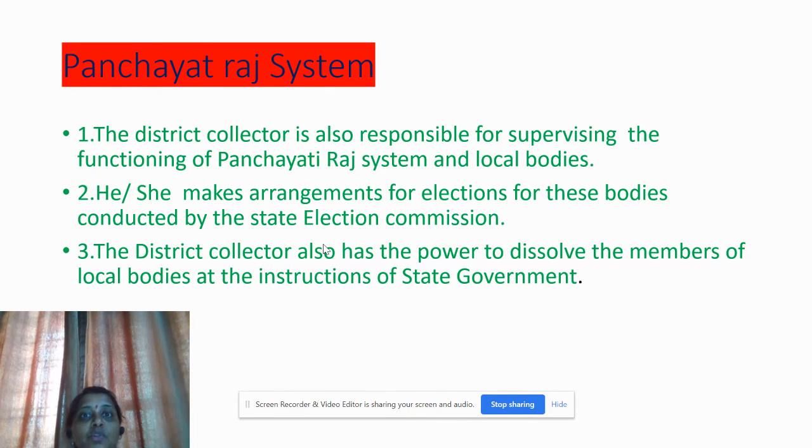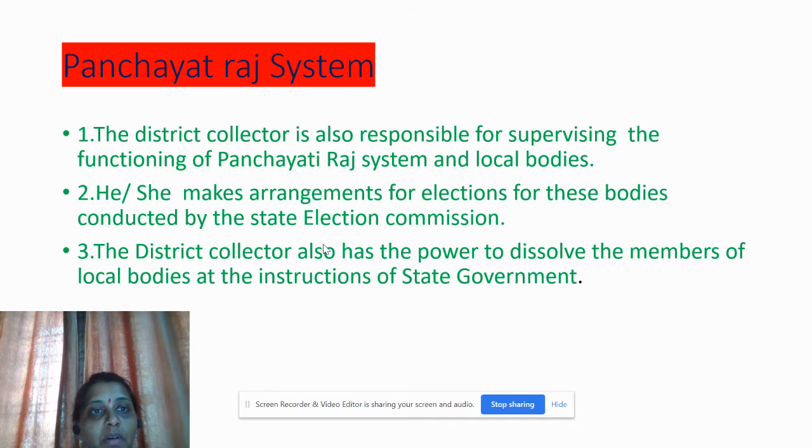The district collector is also responsible for supervising the functioning of the panchayat raj system and local bodies. He or she makes arrangements for elections for these bodies, conducted by the state election commission. The district collector also has the power to dissolve the members of the local bodies at the instructions of the state government.